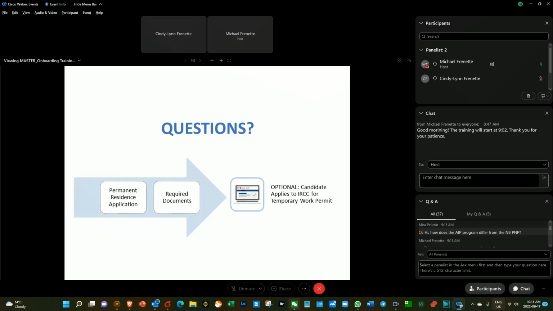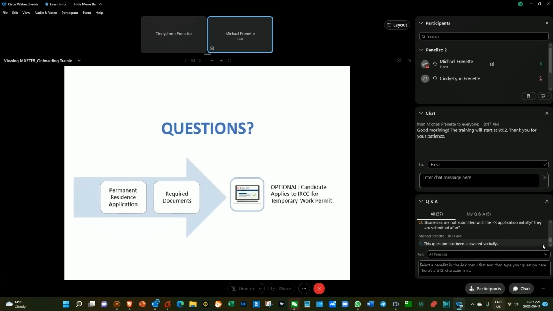If the candidate is from a country at war and is not certain they are able to obtain certain documents, is there any sort of leniency on that? It doesn't really matter what the situation is. Any time a client is not able to provide a document, they need to provide an explanation letter as to why they are not able to provide it, and show that they made an attempt to obtain the document.